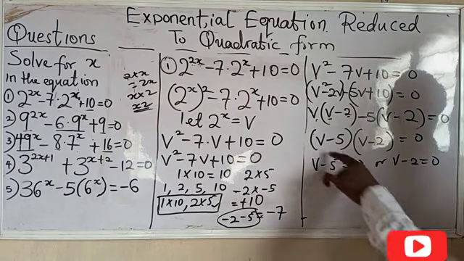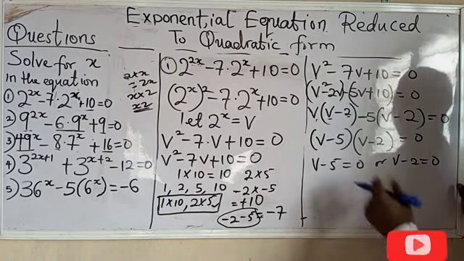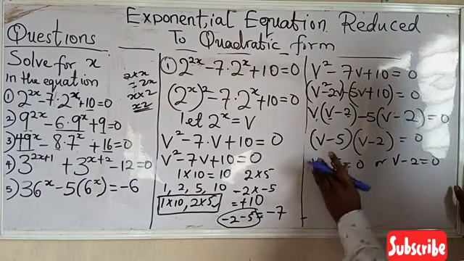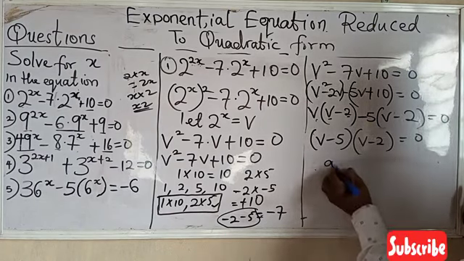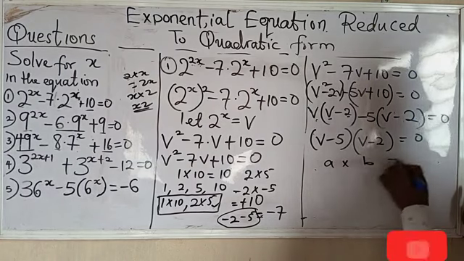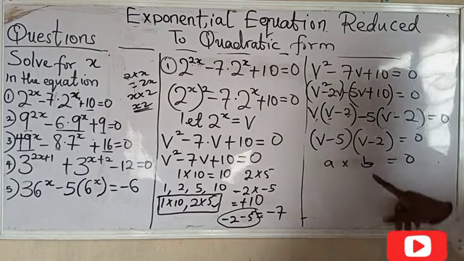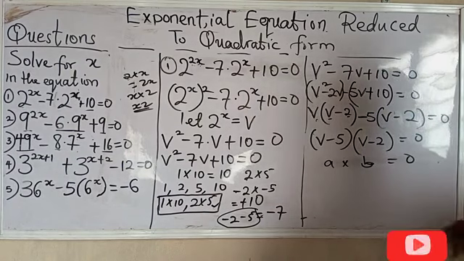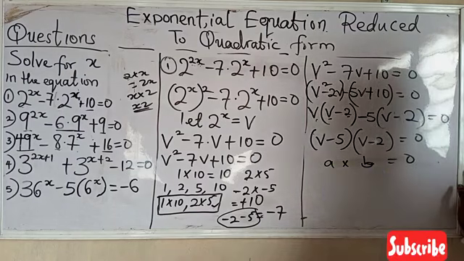Now, let's quickly look at the origin of v minus 5 equals 0 or v minus 2 equals 0. What does this statement mean? It means that if this is a times b equals 0, the condition that can make a times b equal to 0 is if one of these letters is equal to 0.